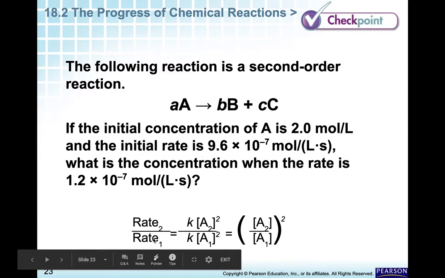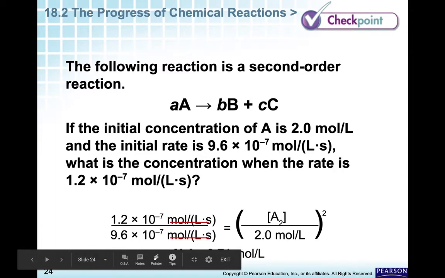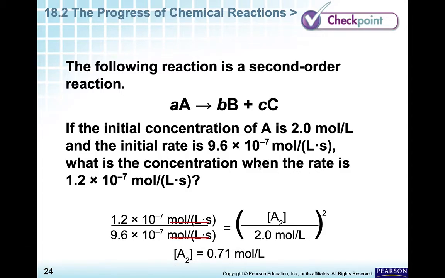We know 3 of them, so we can solve for the 4th. We plug in our rates. The only difficulty here is to make sure you keep your numbers straight, that everything that goes with the first trial stays in its right place.